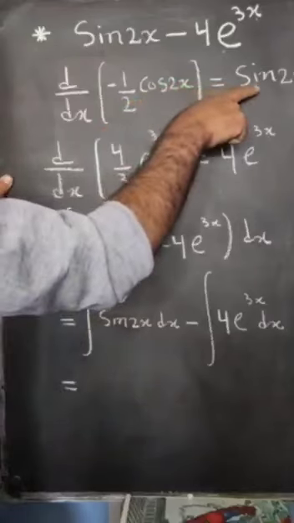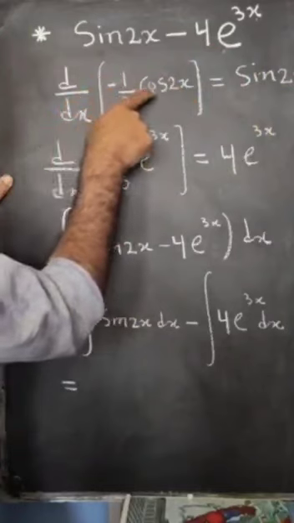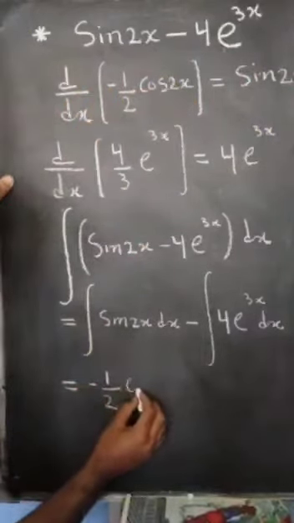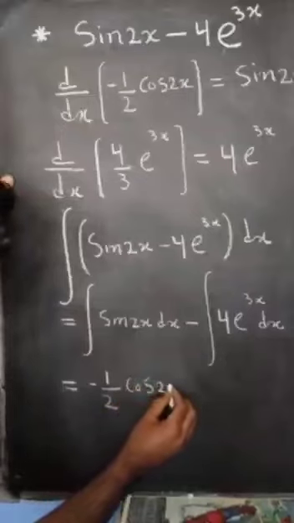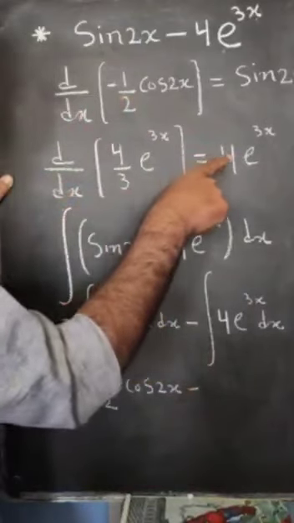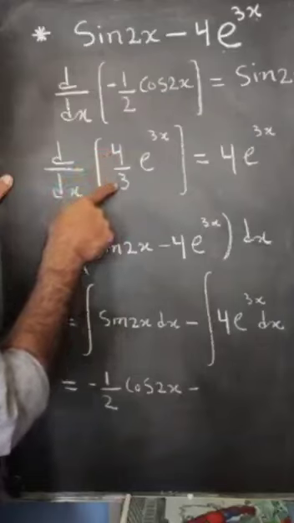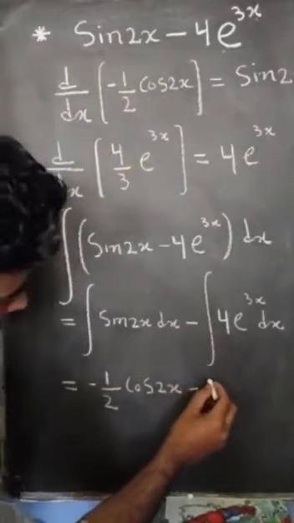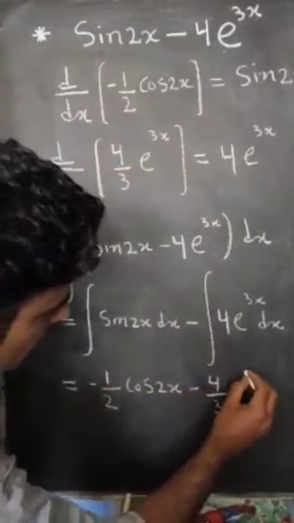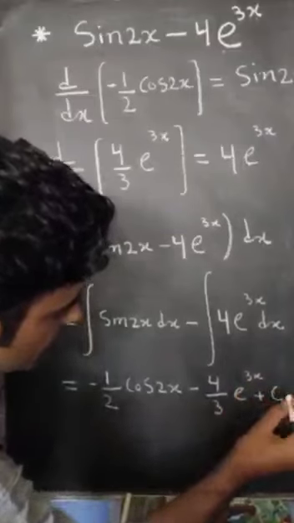Since the antiderivative of sine 2x is equal to minus 1 by 2 cos of 2x, so we write minus 1 by 2 cos of 2x, then we have minus, and the antiderivative of 4 times e raised power 3x is equal to 4 by 3 e raised power 3x, so we write 4 by 3 e raised power 3x, and we put here constant of integration c.